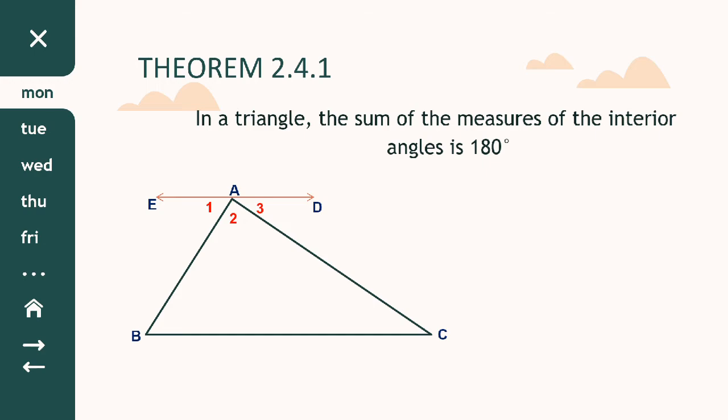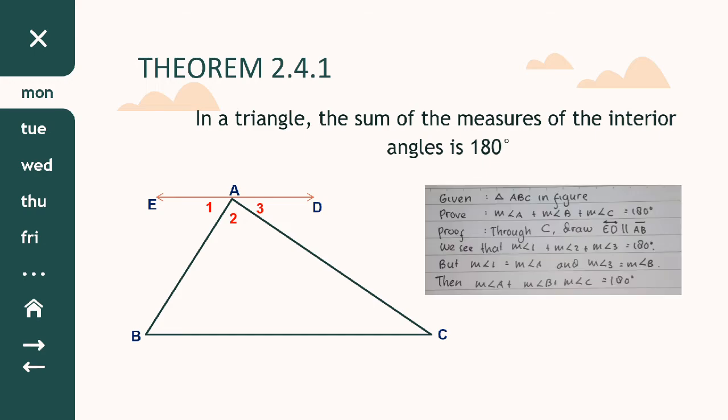Theorem 2.4.1. In a triangle, the sum of the measures of the interior angles is 180 degrees. Let's prove theorem 2.4.1. Given triangle ABC in the figure, prove the measure of angle A plus the measure of angle B plus the measure of angle C equals 180 degrees. Proof: draw a line through C parallel to line AB.